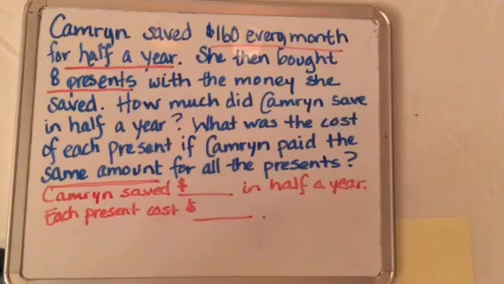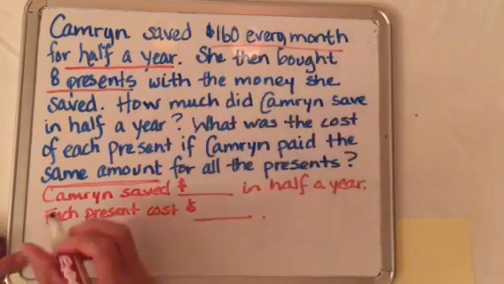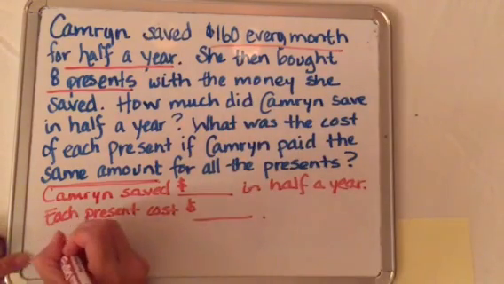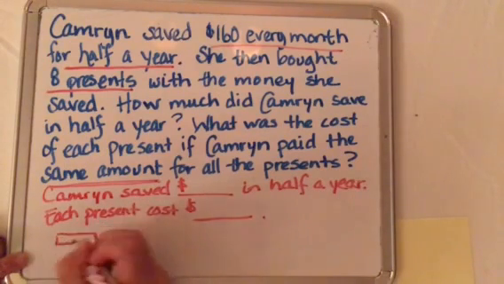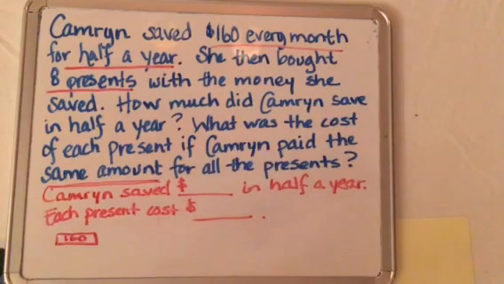So what we have going on here is we have her saving $160. And we have her doing this repeatedly. She's doing it for half a year, which is 6 months. So she's doing this 6 times.